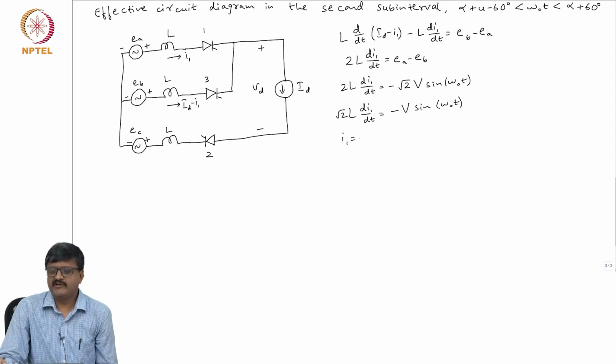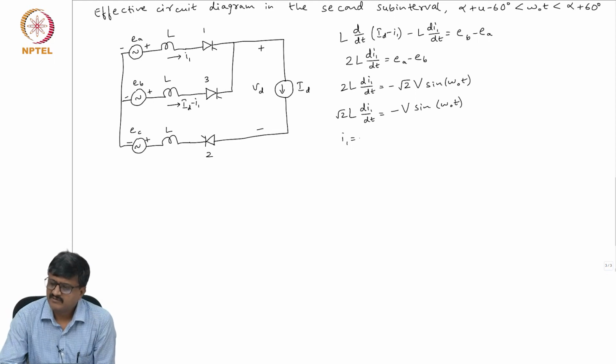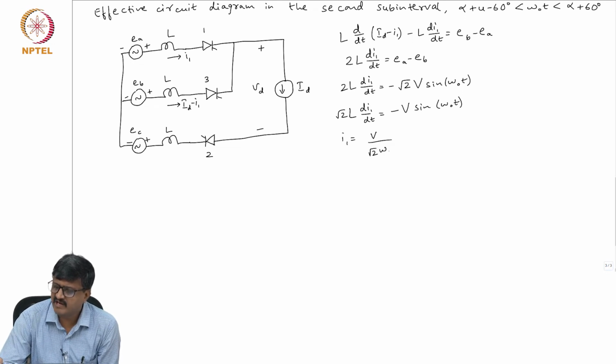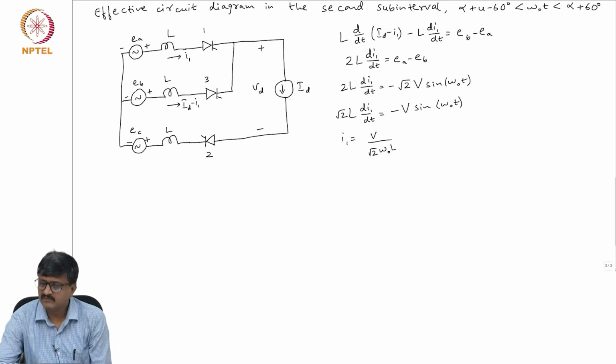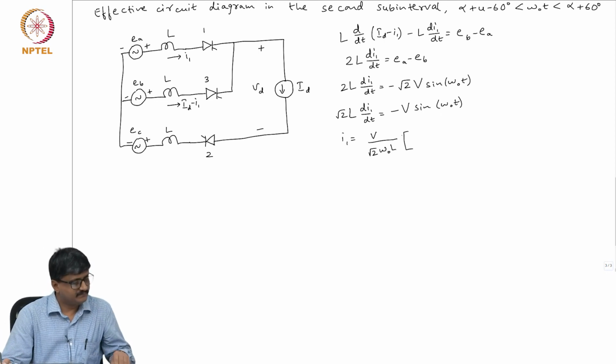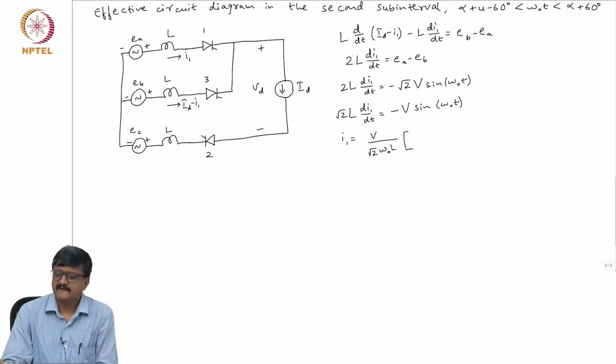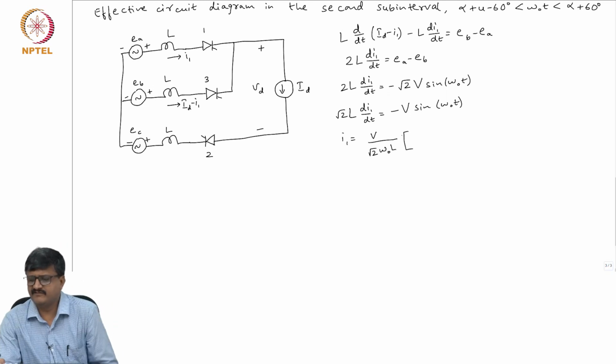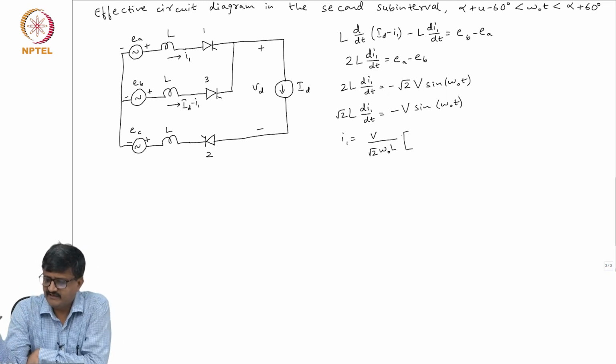So, again if I try to directly use the definite integral, I get an expression for I1 as V by root 2 omega L into what? If I take this I1, I have to integrate, after pushing this root 2 L to the right hand side, with respect to omega t after dividing by omega.